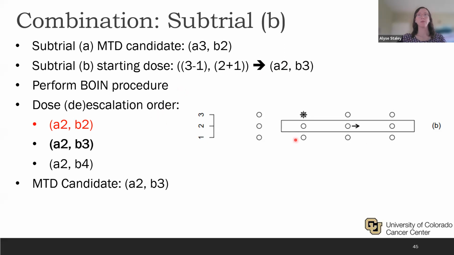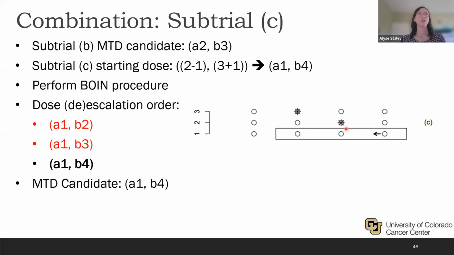This time we have some available starting dose, escalation dose, and de-escalation dose. Other doses are not available to de-escalate to because they've already been tested in the first subtrial. Let's say we run through this whole subtrial and our MTD candidate is A2B3.